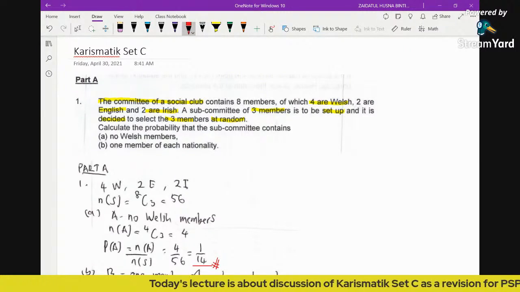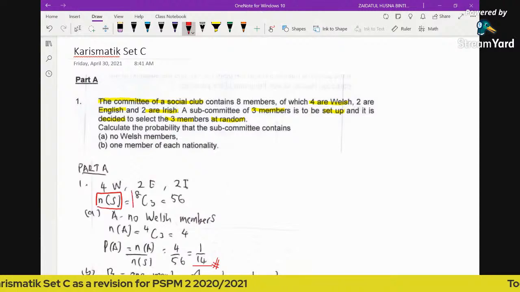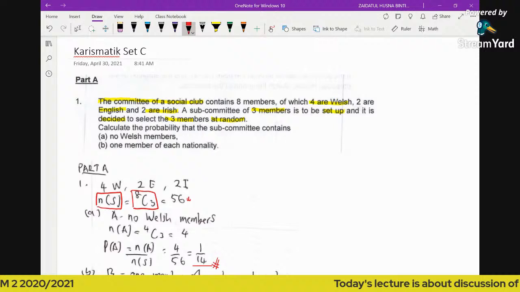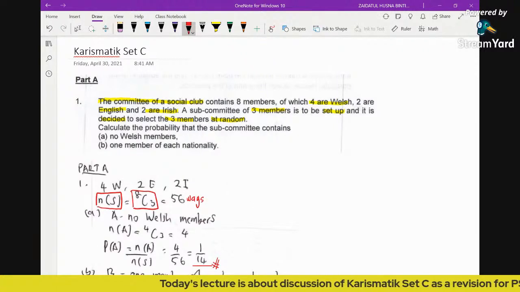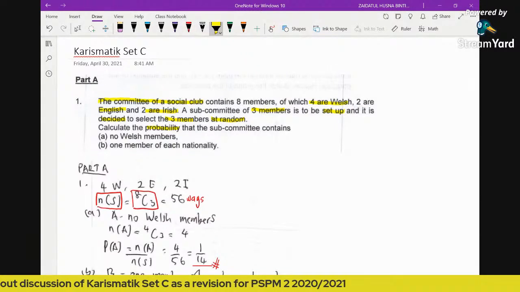Choosing 3 members out of 8, so we can say that the number of elements in the sample space will be 8C3, which is 56 ways of choosing 3 members out of 8 without any restriction. So this is our n(S). Now the question says, calculate the probability that the subcommittee contains no Welsh members.